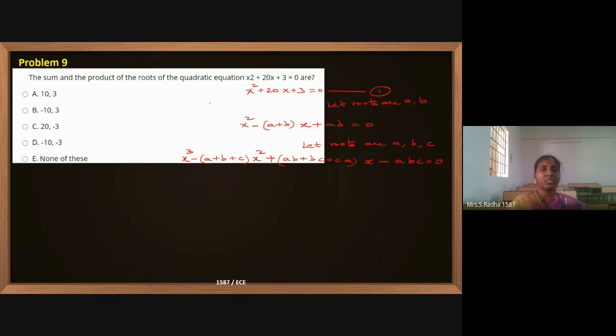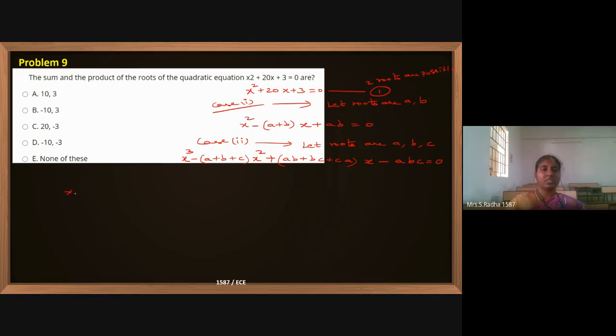So this is case 1, where I assume 2 roots are present, and case 2, where 3 roots are present. But in our case, the highest power of x is 2, so only 2 roots are possible.